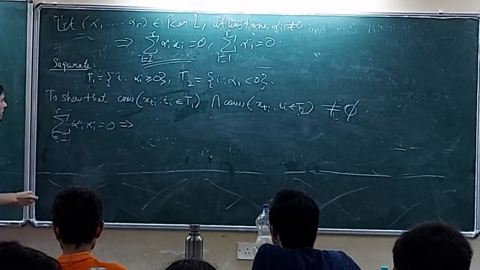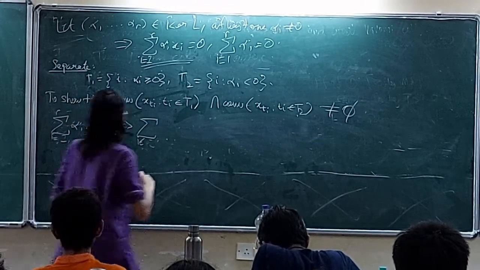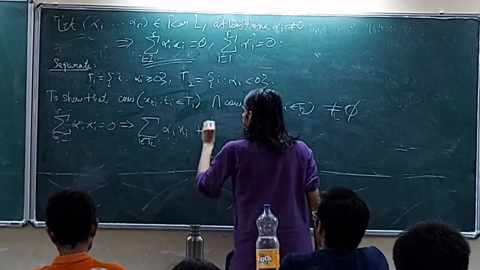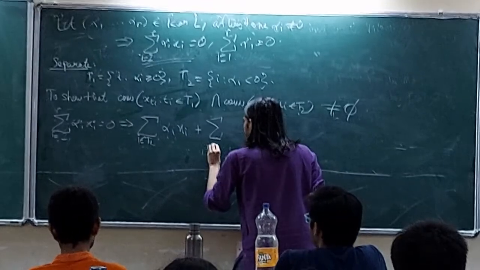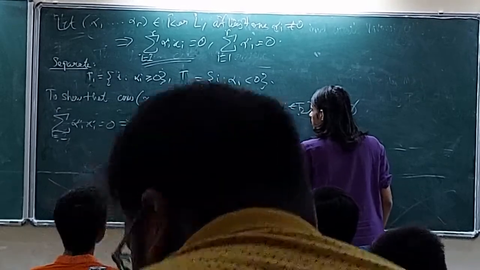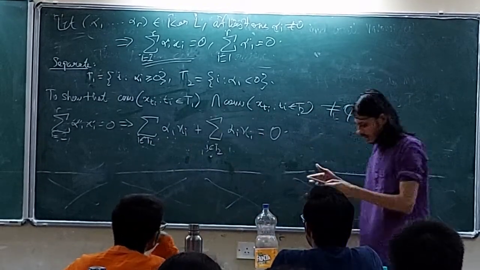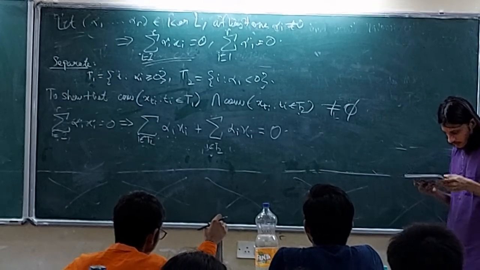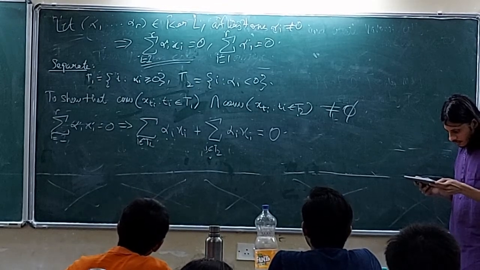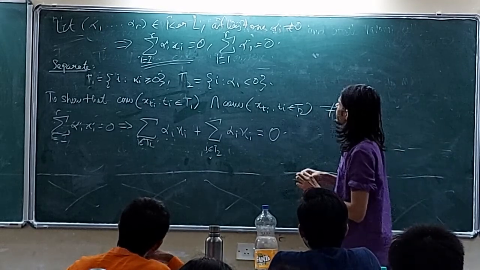Breaking the sum into two parts, this implies the summation over i in T1 of alpha i xi plus the summation over i in T2 of alpha i xi is 0.